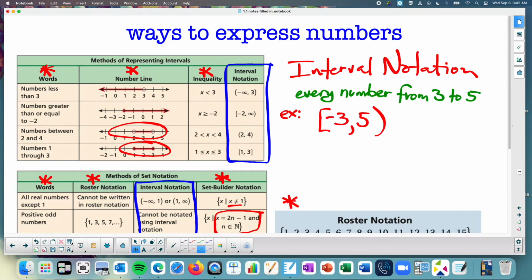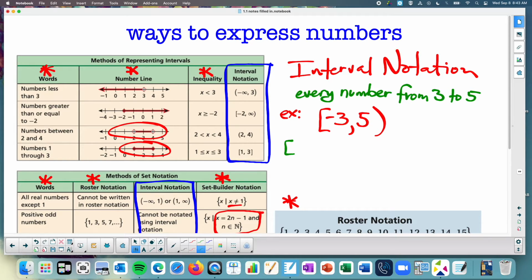The advantage, disadvantage of interval notation is it can only do groups of numbers. Interval notation can't do individual numbers. Whatever two numbers are listed here, it's going to be every single one between them. Now, the beginning and end of interval notation can be brackets or parentheses.